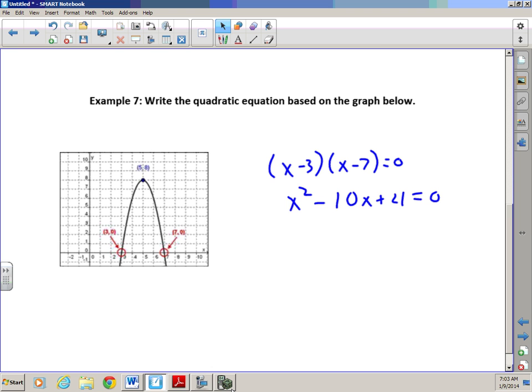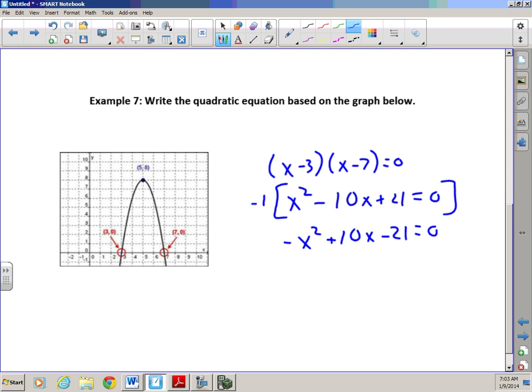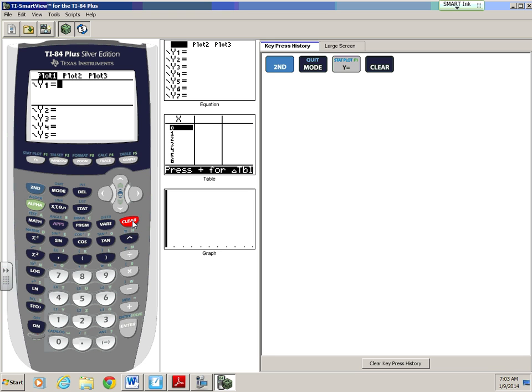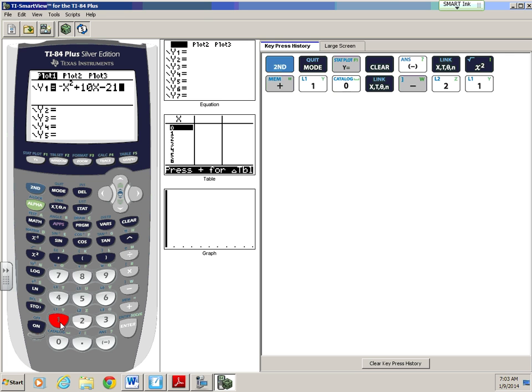Now, this opens downward, so I want to multiply everything here by -1. So I'm going to put in this equation into my calculator, and let's see if I end up with a vertex of 5, 8. Okay? So negative x squared plus 10x minus 21.